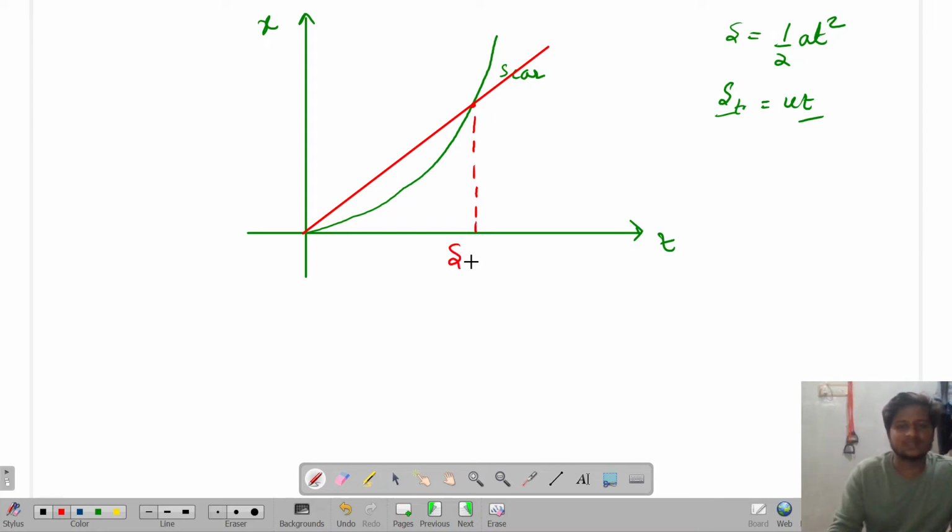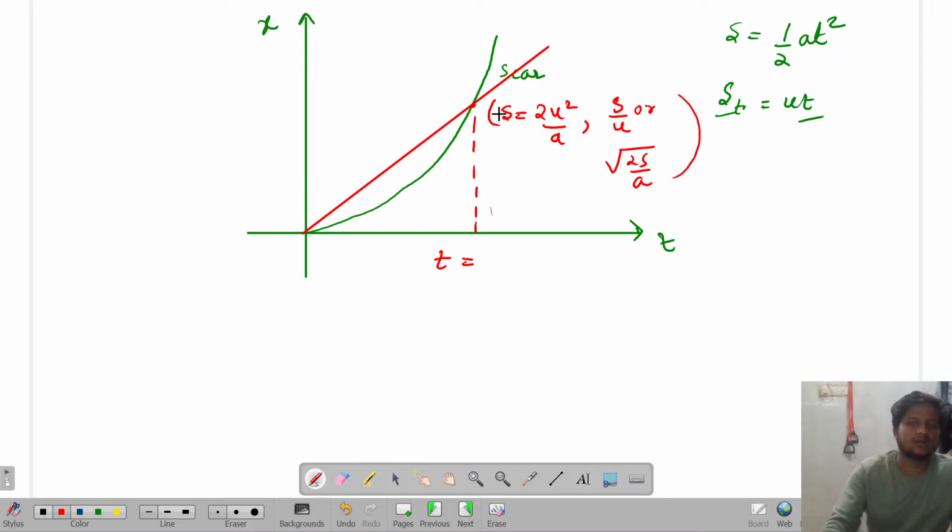It has a particular coordinate, that s is equal to 2u square upon a, which we calculated. Comma, time is equal to, you can write either s by u, or root over 2s by a. Got it or not? So these are the coordinates of this point.